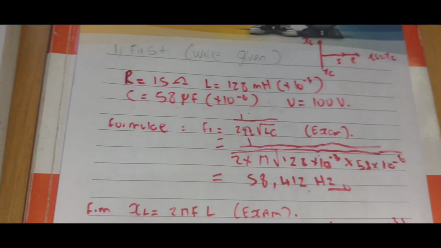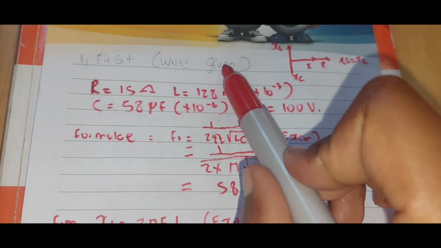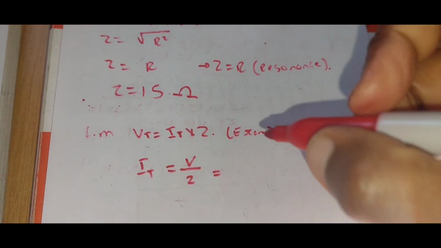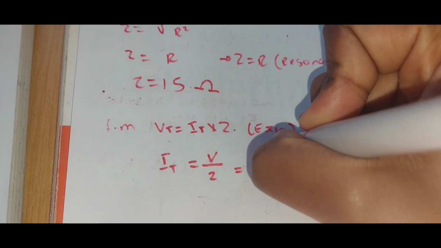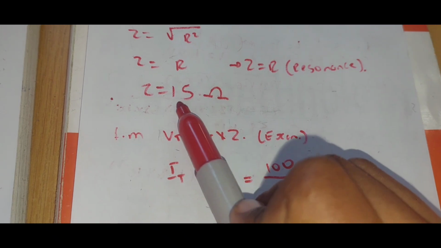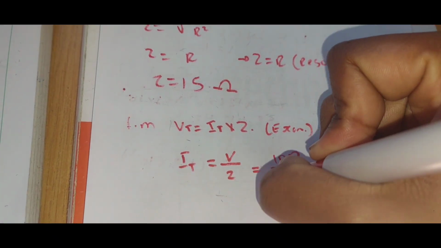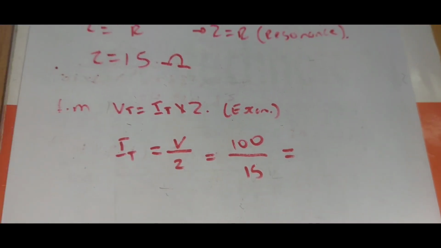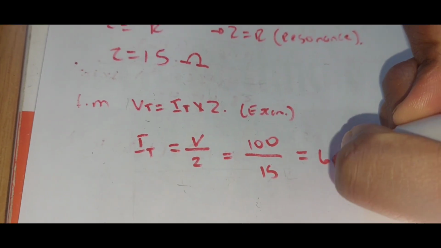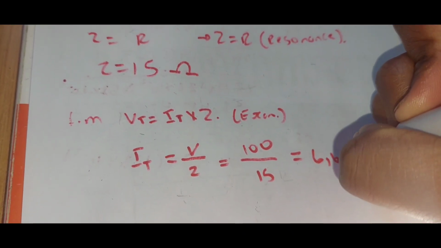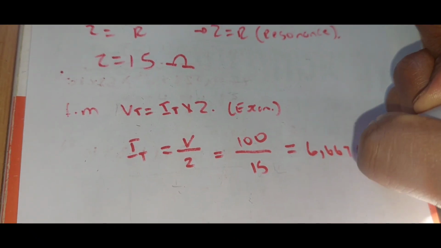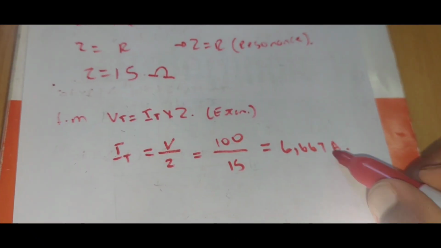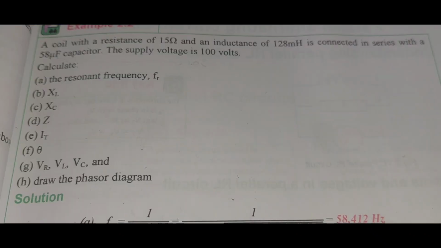The voltage we were given is 100 volts. 100 over the impedance, which is 15. We just solved it. And now we solve 100 divided by 15. What do you guys get? I get 6.667 A. Remember your symbol, guys. Don't forget your symbols. And that is my total.